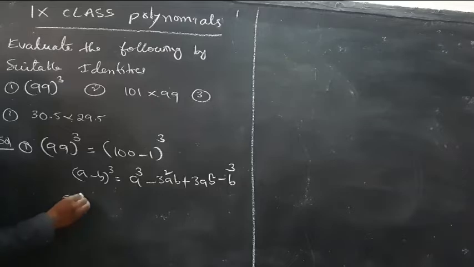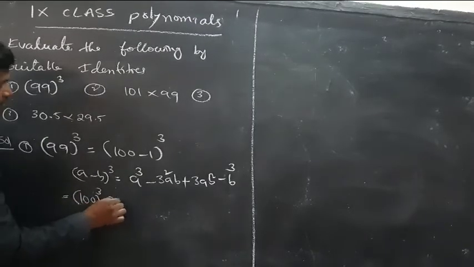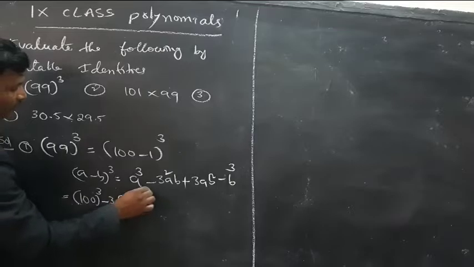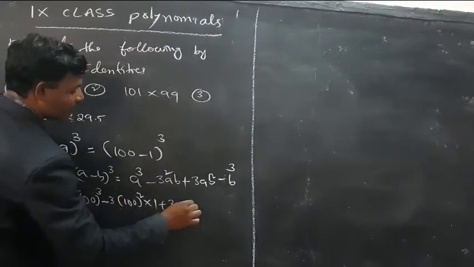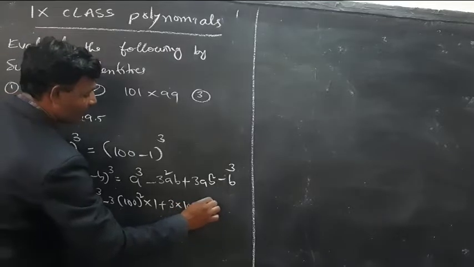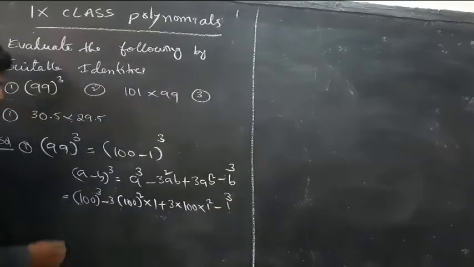That is equal to 100 whole cube minus 3 into 100 square into 1 plus 3 into 100 into 1 square minus 1 cube.